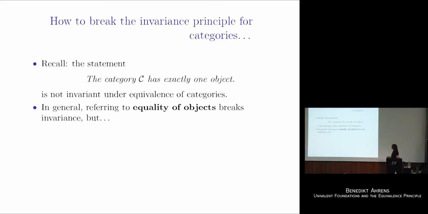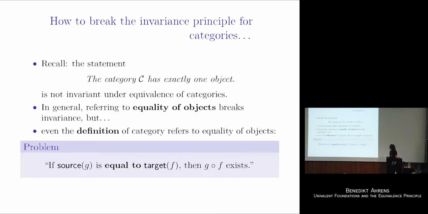This is a problem, so we want to have a constraint on the language, so we might say, okay, let's exclude equality of objects. So how can we do that? Even in the definition of what a category is, we mention equality of objects, namely when we compose.